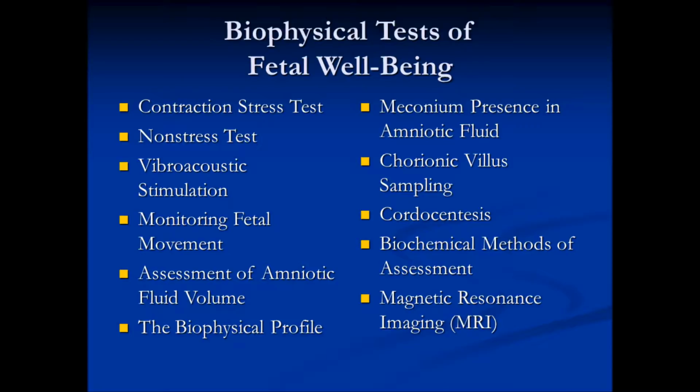Oxygenation and acid-base status are also able to be tested. This technique has evolved to be an important part of the evaluation of fetal well-being, and when properly done, both fetal and maternal risk is 1% or less.